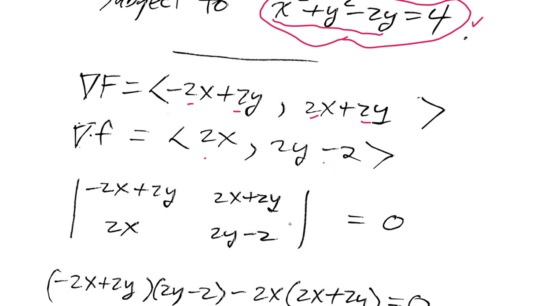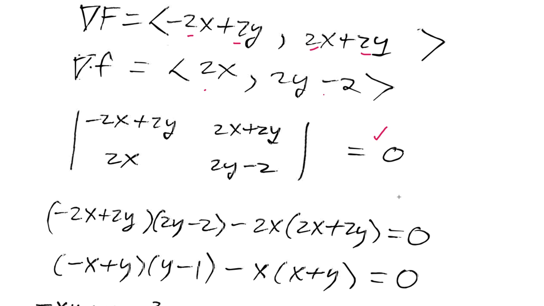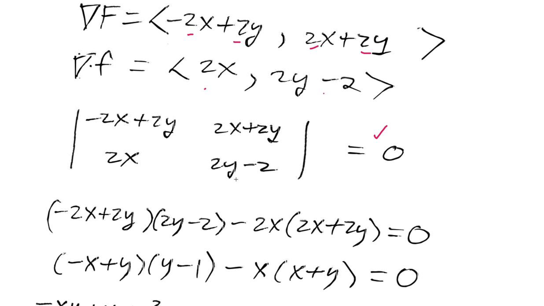Like we did in the previous video, I'm going to take the cross product of those two in the particularly short form, since I'm just dealing with 2 dimensions here. I'm going to take just the determinant of that 2 by 2 matrix. I took the components and put them into that determinant, setting it to 0 like I should. You know how to find that determinant: the product of the main diagonal elements minus the product of the off diagonal elements, set to 0.